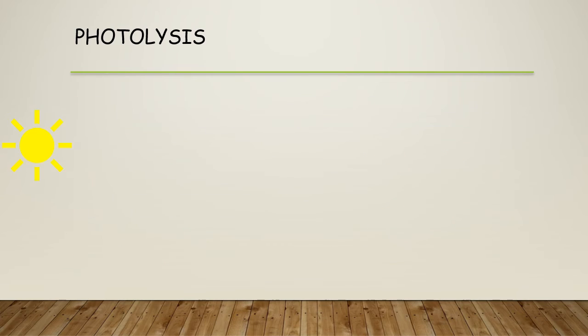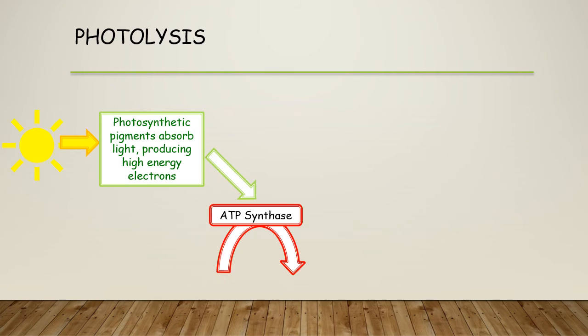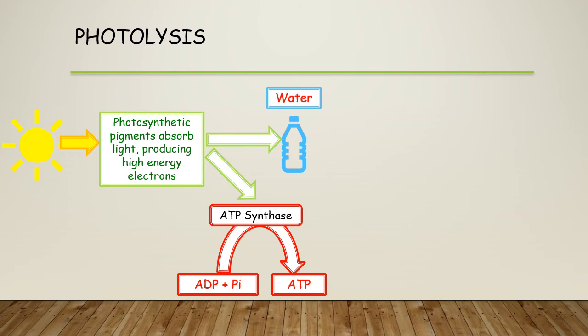So here we have the same information in diagram form. We've got light falling on a leaf, which is then absorbed by the photosynthetic pigments that produces high energy electrons. And those are used to drive ATP synthase, just like we saw before, generating ATP from ADP and Pi. We also then use those high energy electrons to split water into its component parts.